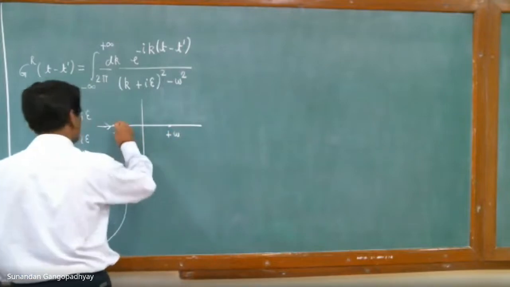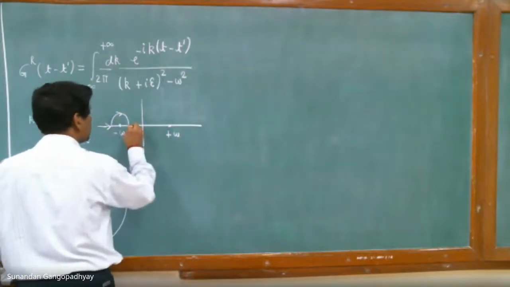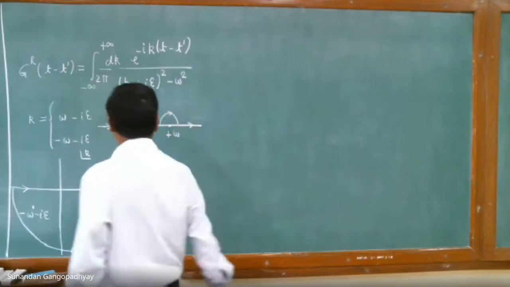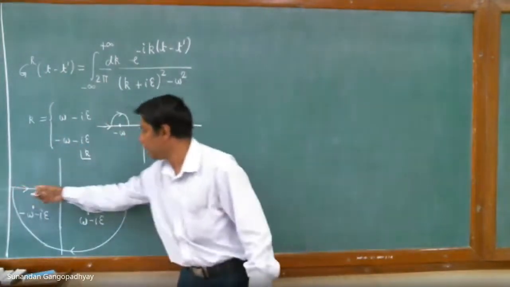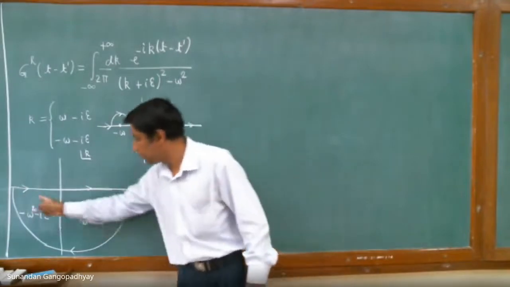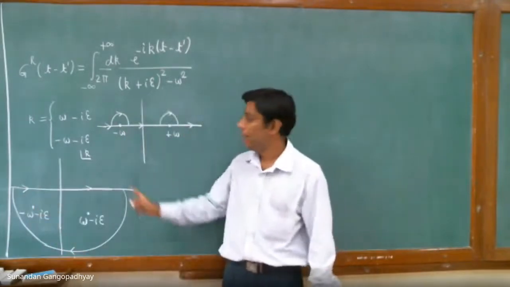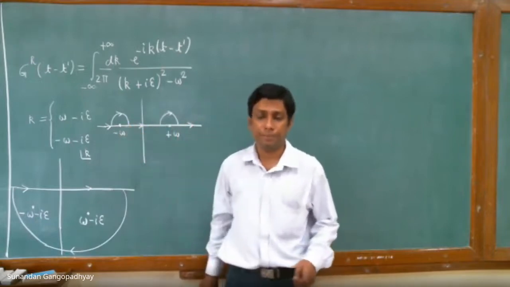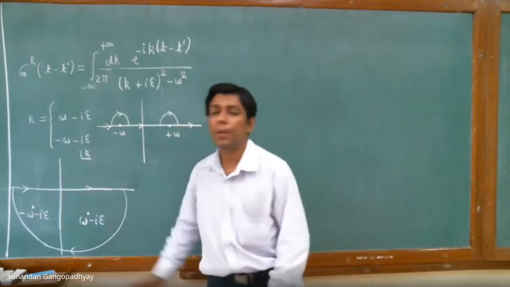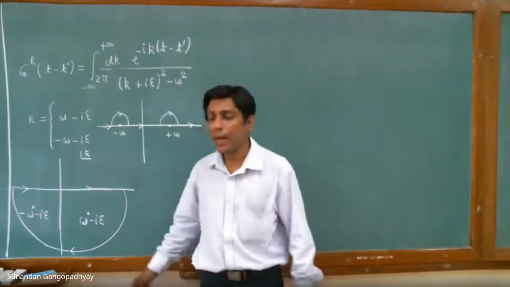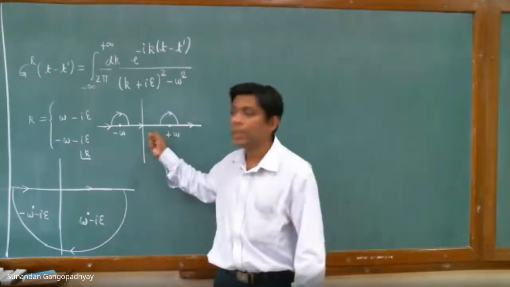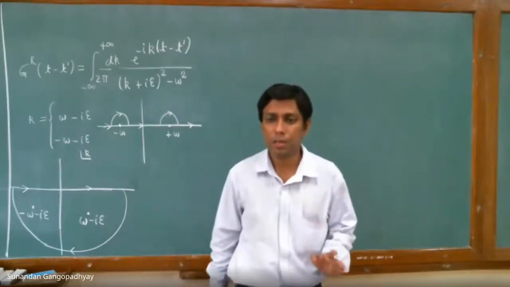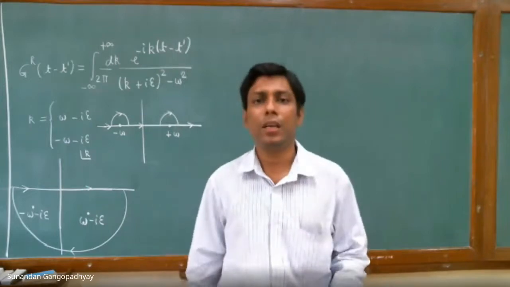The contour along the real line with the poles being pushed downwards is the same as this contour with the poles sitting on the real line. So these two contours are completely equivalent. So whether you do the calculation using this contour or this contour, both should give us the same result. That was the thing that I mentioned in the previous lecture.